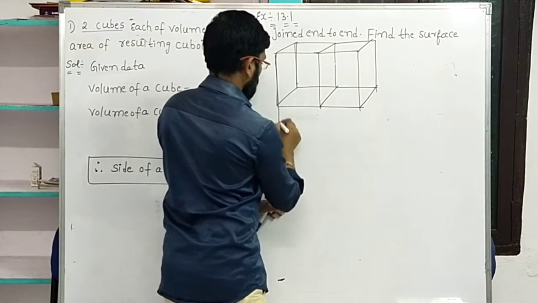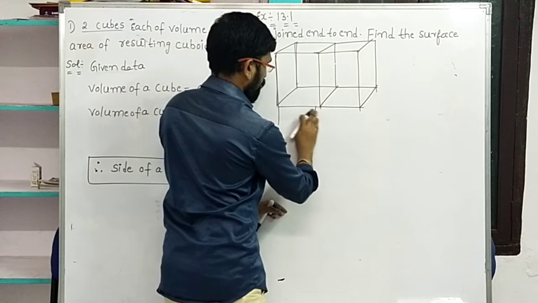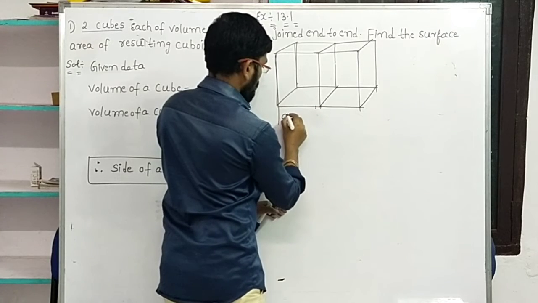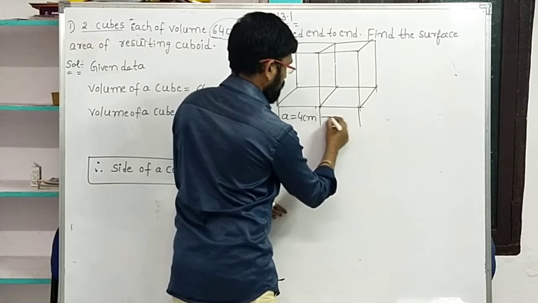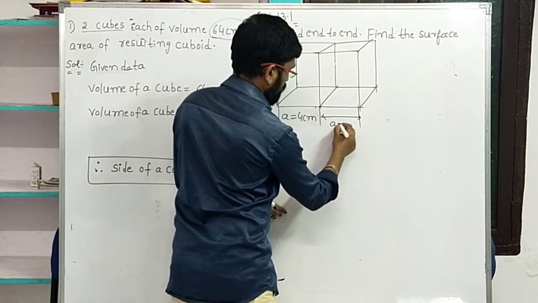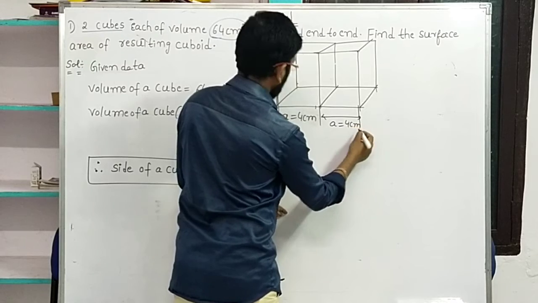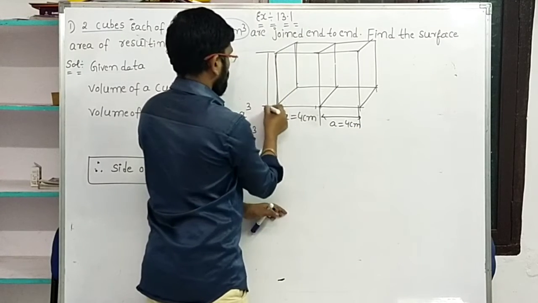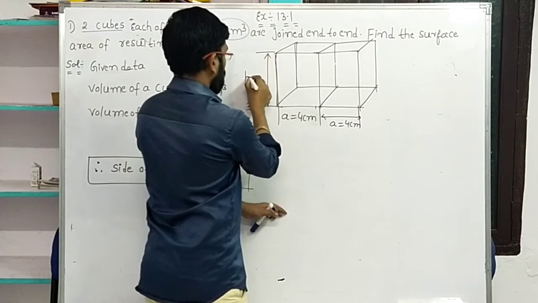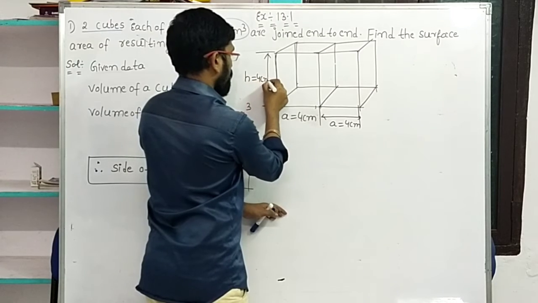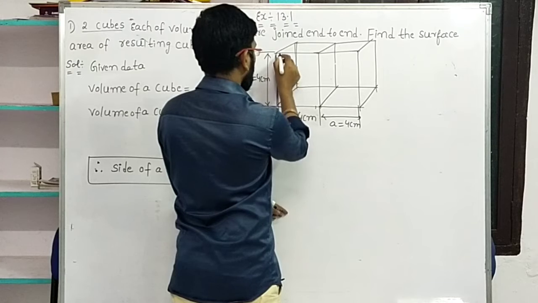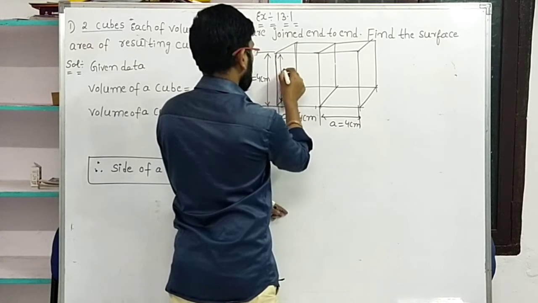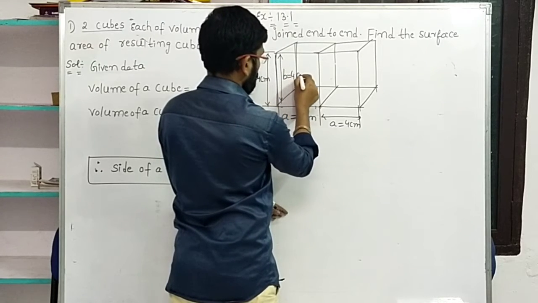This is side A equals 4 centimeters up to here, and again here this is also side A equals 4 centimeters. This height is also 4 centimeters, whereas the breadth B is also 4 centimeters.